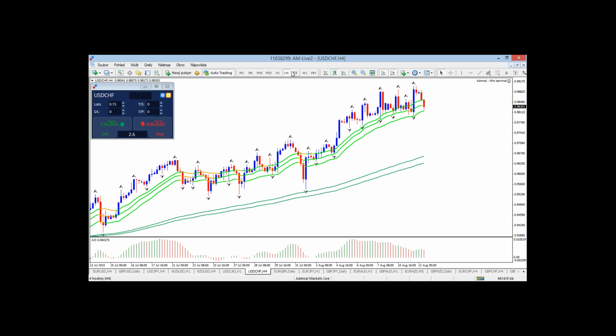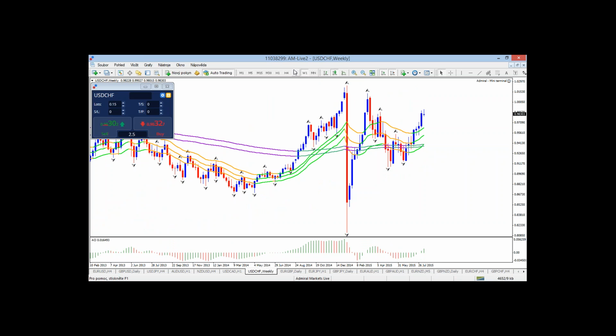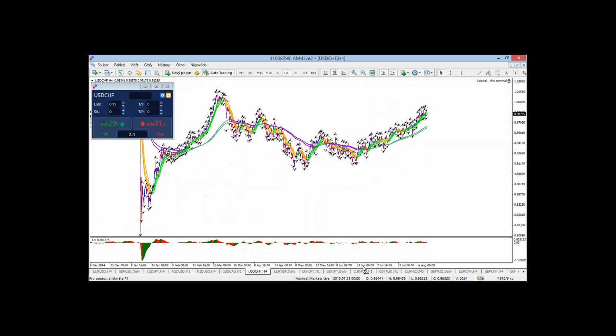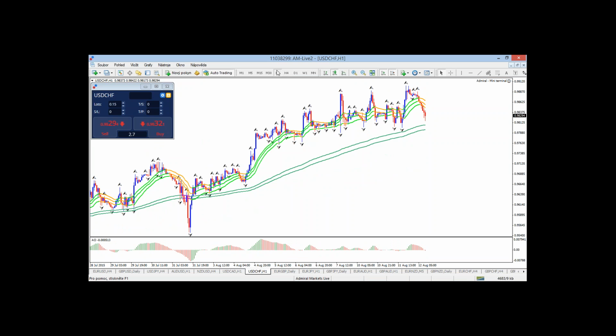Maybe a quick look at the dollar Swissy. Well, not that nice of a pattern.